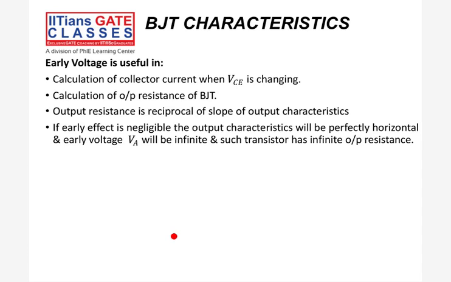The output resistance is the reciprocal of the slope of the output characteristic, because it is a current and voltage graph. So it will be the reciprocal of this. If we take any point, at that point we'll see the reciprocal of the slope of the output characteristic.